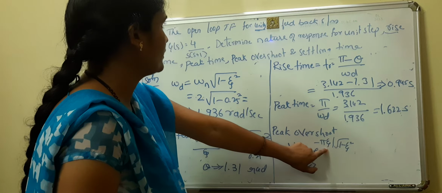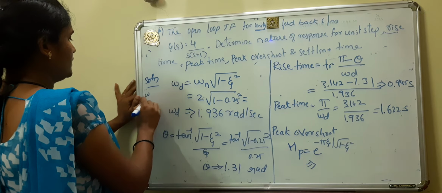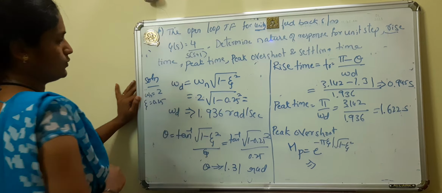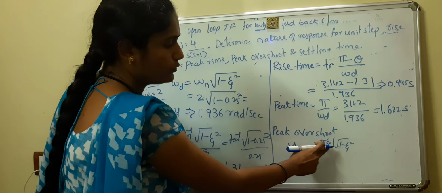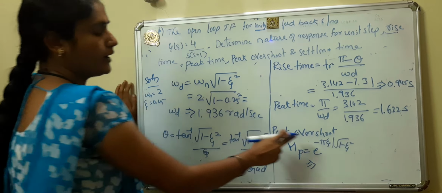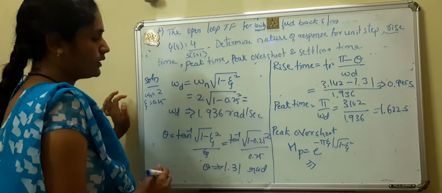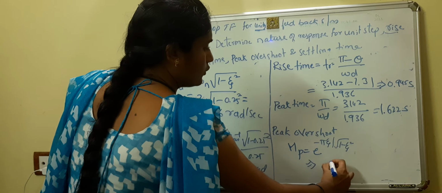We have calculated that one. Zeta as 0.25, omega n as 2. We have to put pi as 3.142, zeta as 0.25, and after simplification of this one, e raised to, we have to do that, and after that we will get 0.4.